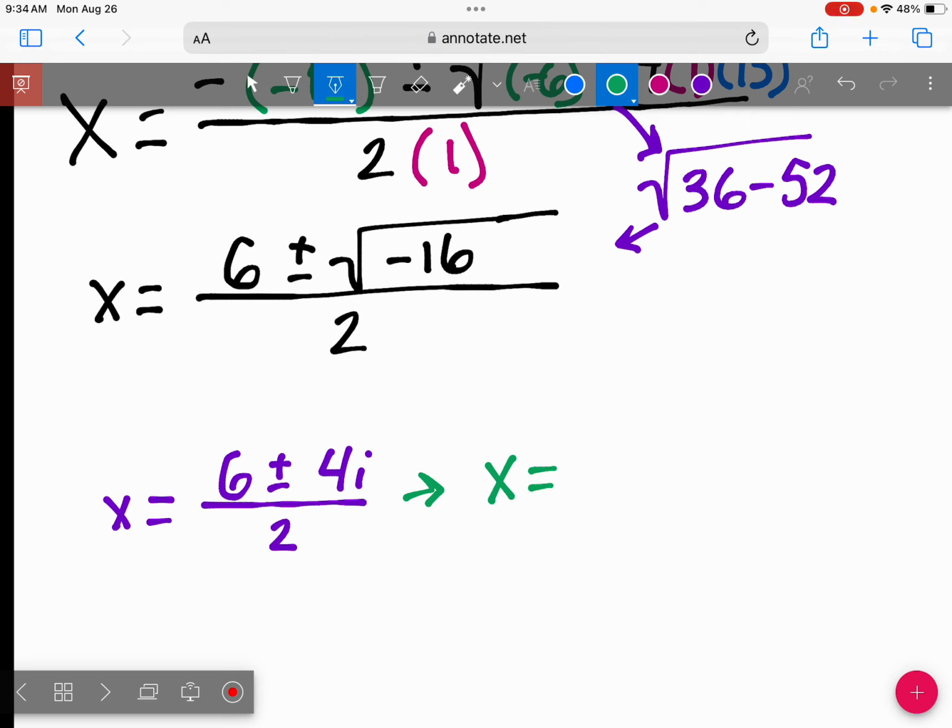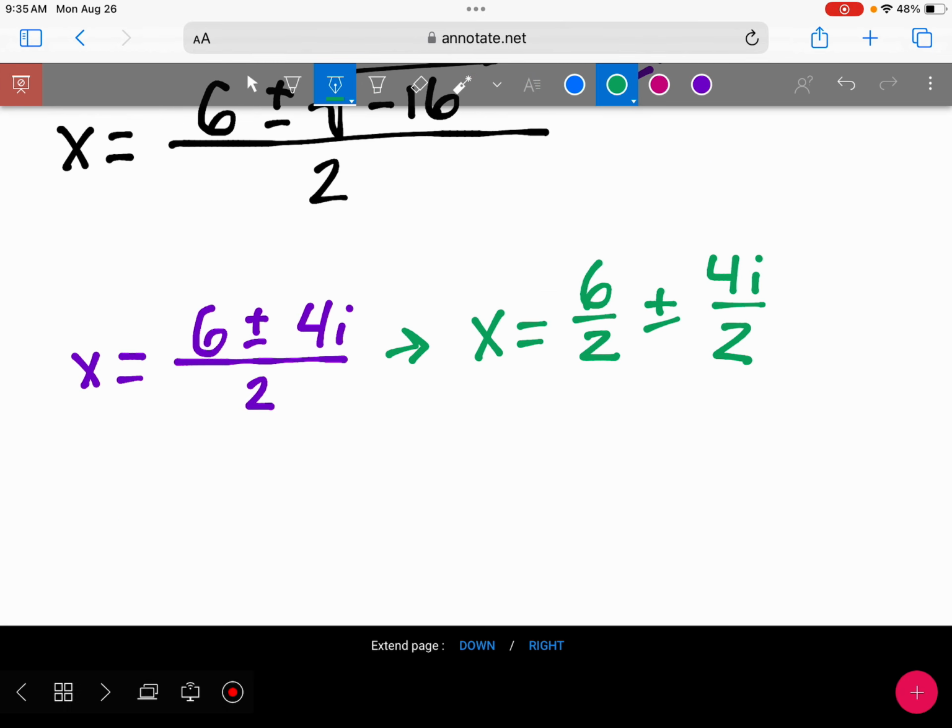Yep, x equals, and we can split it to be our 6 over 2 plus or minus 4i over 2. You can absolutely do it that way too. Totally fine. If you can spot it without splitting it, that's okay too. Because this should give us 3 plus or minus 2i.